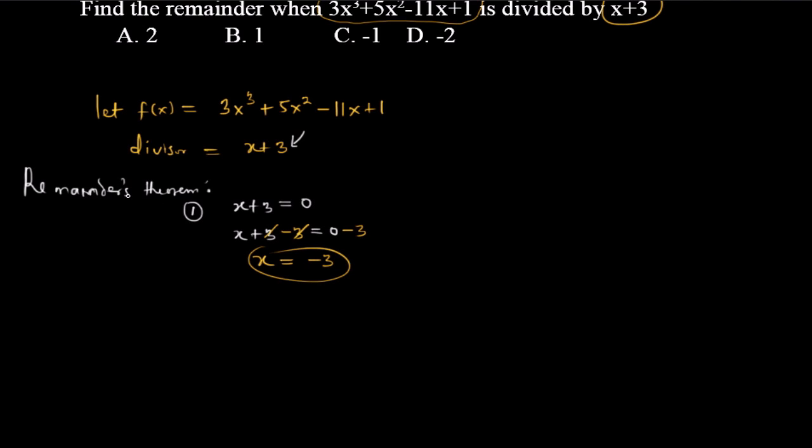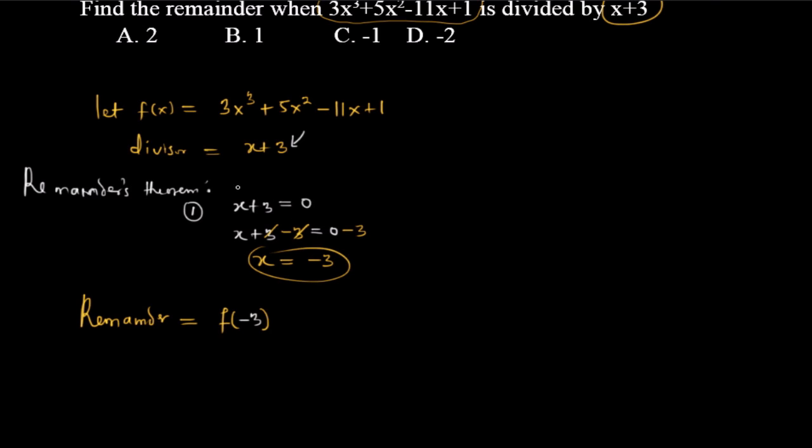Now according to the remainder theorem, if the function itself, that is the polynomial which you're dividing, is f of x, and having carried out the first step which I did here, I obtained my x to be negative 3. So what the remainder theorem says is that the remainder upon dividing f of x by x plus 3 is just f of negative 3.